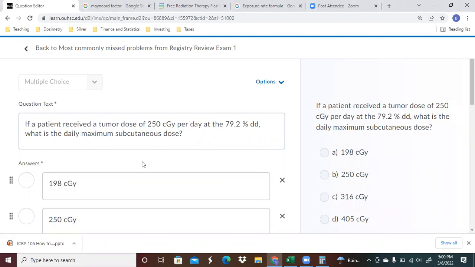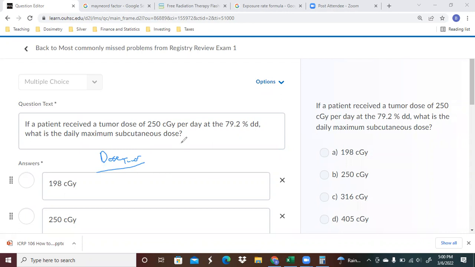Okay, so if a patient receives a tumor dose of 250 centigrade per day at the 79.2% depth dose, what is the daily maximum subcutaneous dose? This is a matter of scaling the dose that we are getting. So the tumor, if we're basically the maximum subcutaneous dose, this is also referring pretty much to the Dmax.